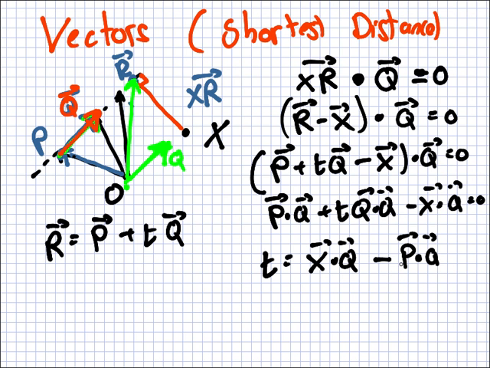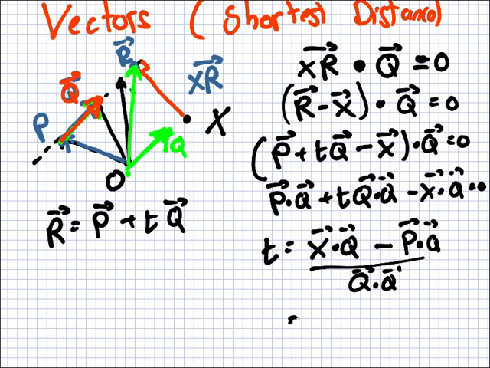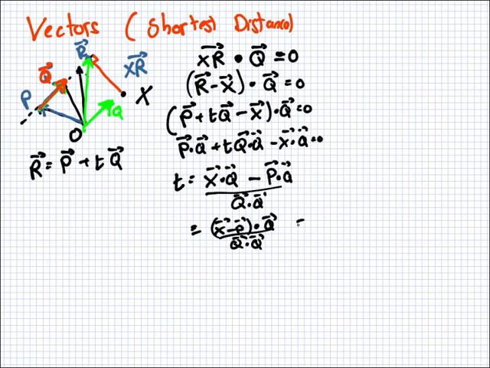So T is XQ minus PQ, divided by Q dot Q. So I can change this into X minus P dot Q over Q dot Q. And I can change that into PX.